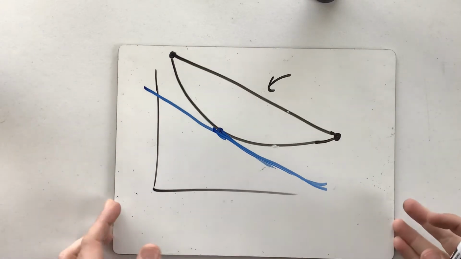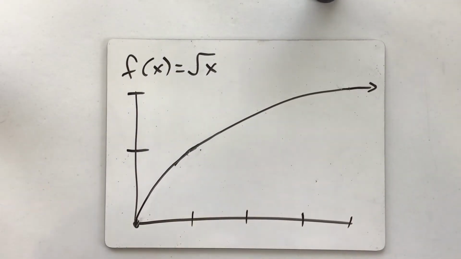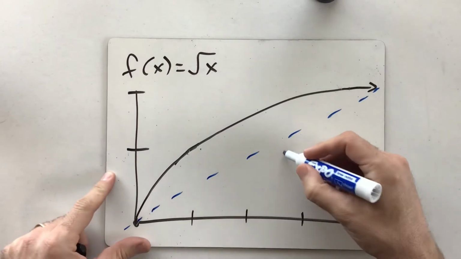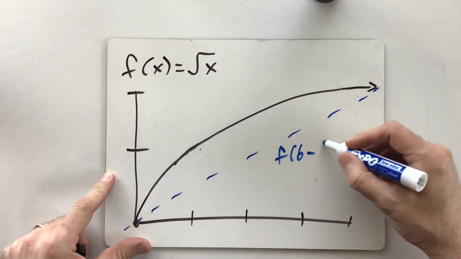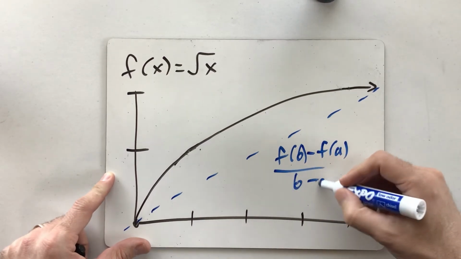So for example, if we were to look at the square root of x, which has a graph that looks something like this, you might ask, what is the slope of the secant line? f of b minus f of a over b minus a.